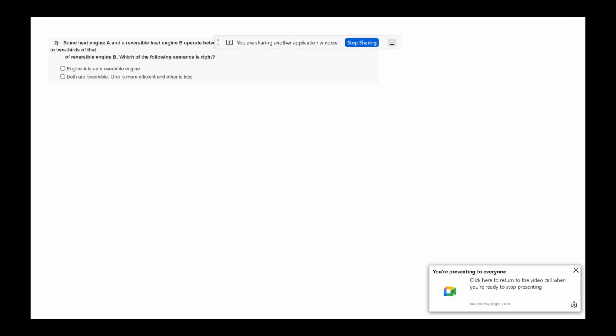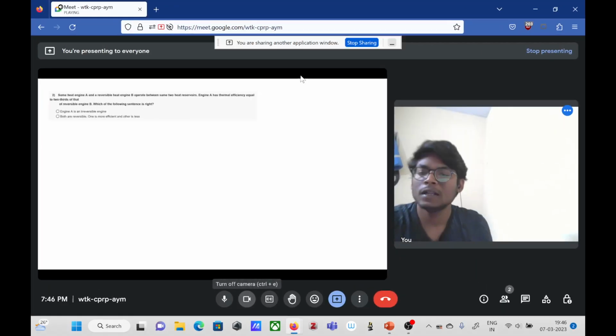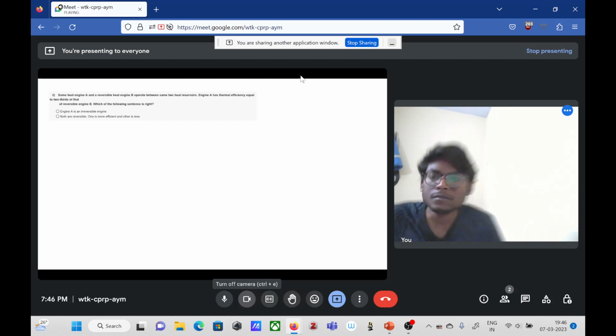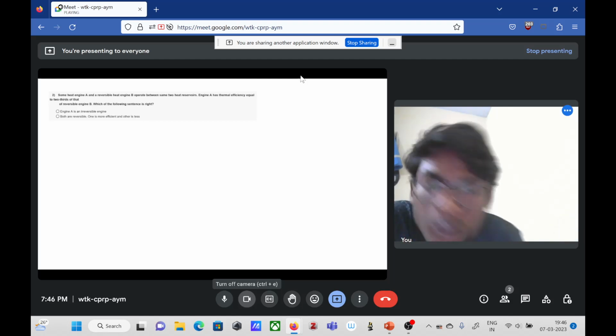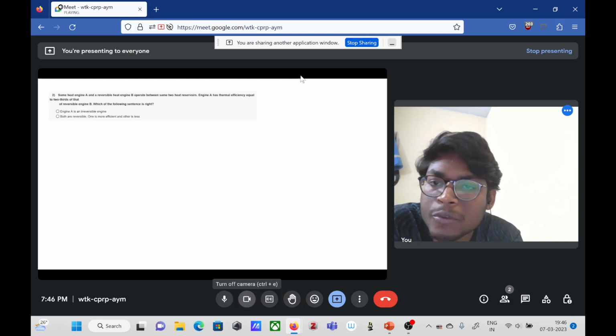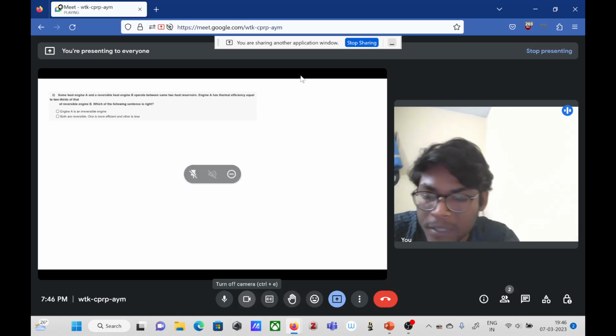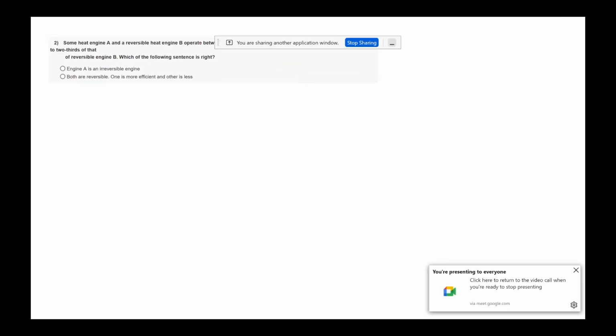Okay, this problem says some heat engine A and a reversible heat engine B operate between the same two heat reservoirs. Engine A has thermal efficiency equal to 2/3 of that of reversible engine B. Which of the following sentences is right? This is pretty simple, it is theory. We always know that efficiency for a reversible engine is always maximum.